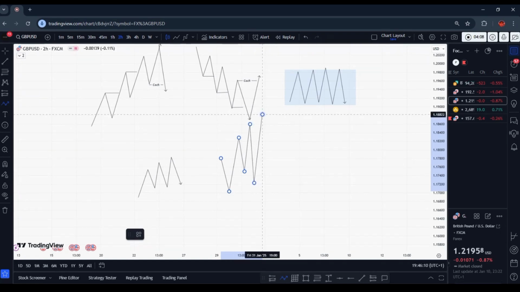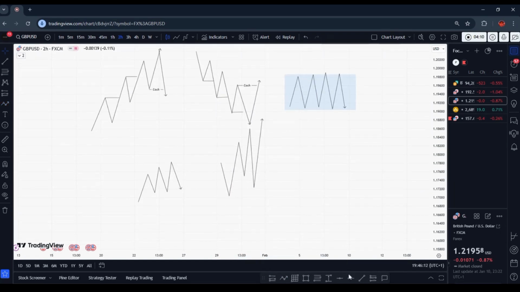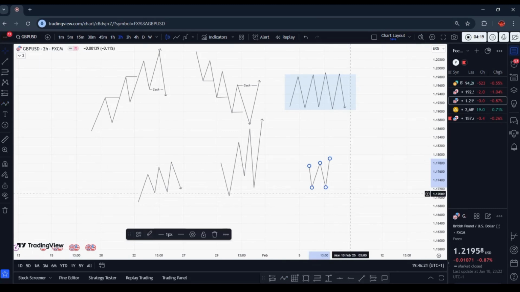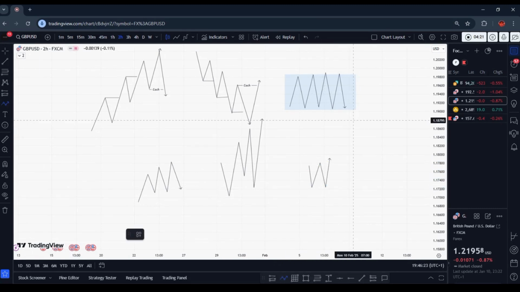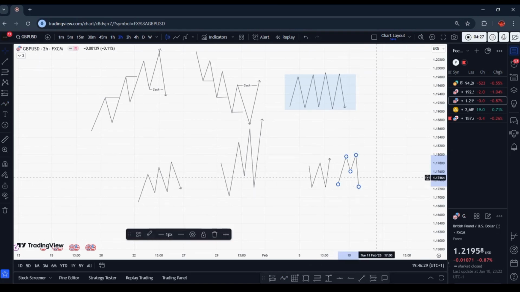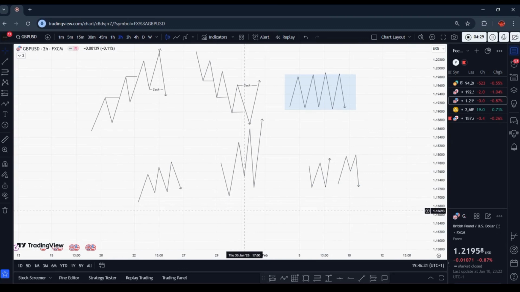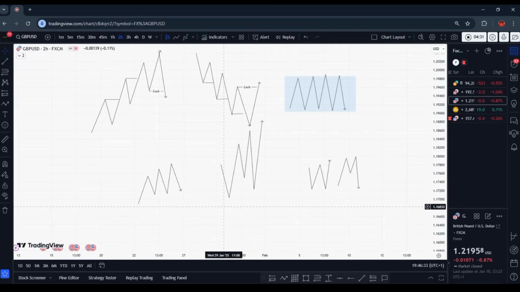We also have equal highs and equal lows liquidity, where we have a W or M, I could call it. This is an equal low liquidity and equal high liquidity, like this. This is the type of liquidity that we can have in the market.